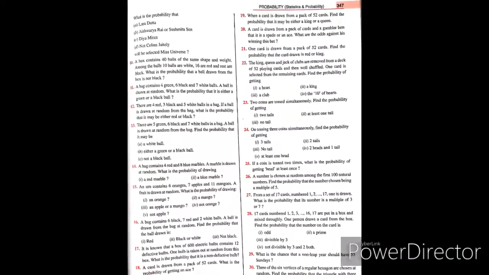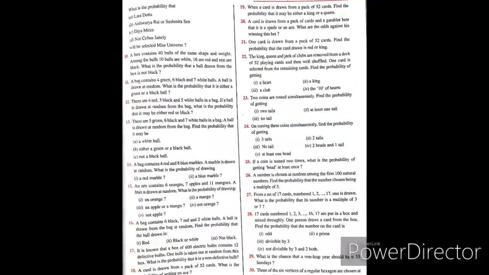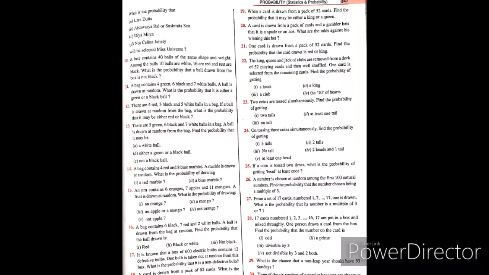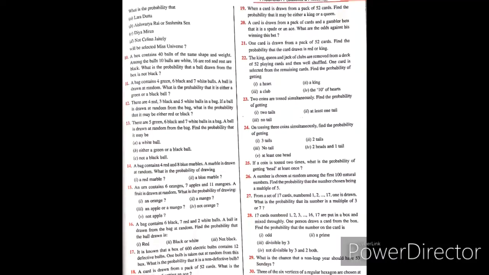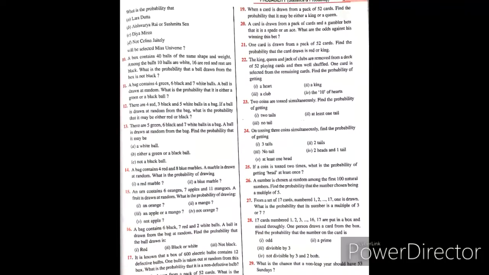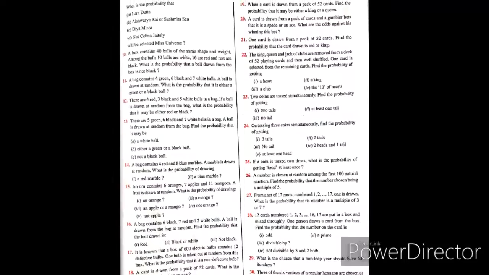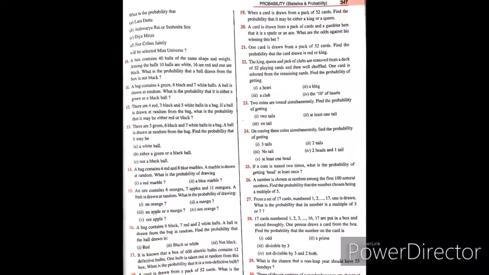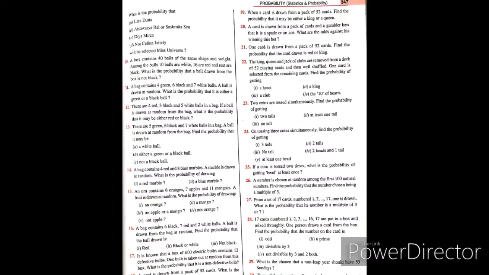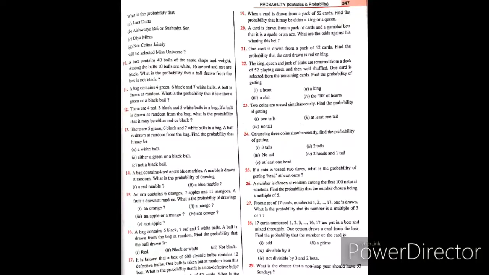Try this. A card is drawn from a pack of cards and a gambler bets that it is a spade or an ace. What are the odds against his winning this bet? A card is drawn from a well-shuffled pack of cards and a gambler says that it is a spade or an ace.